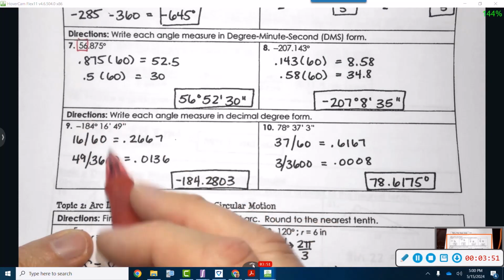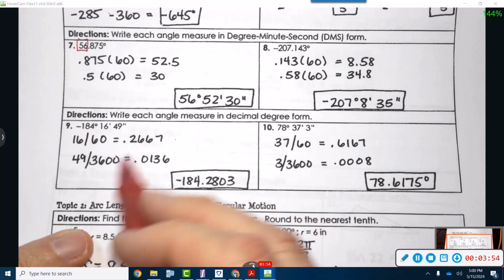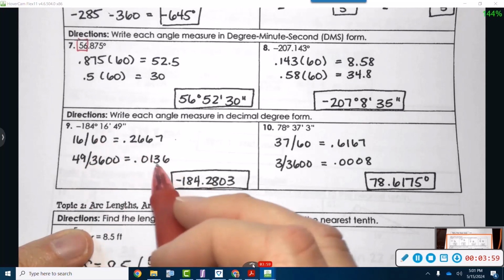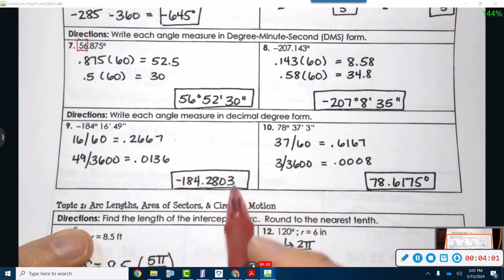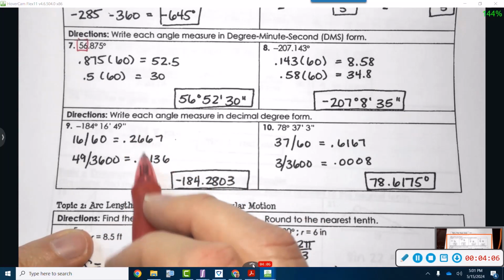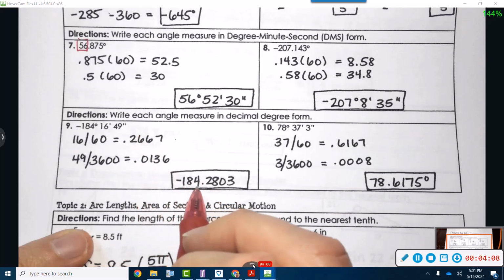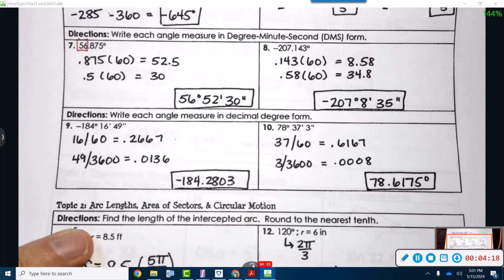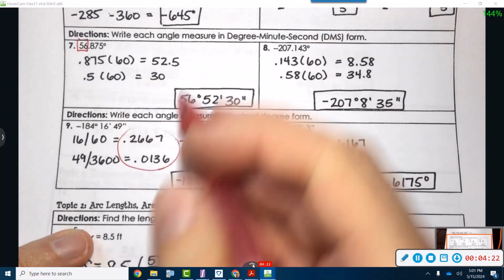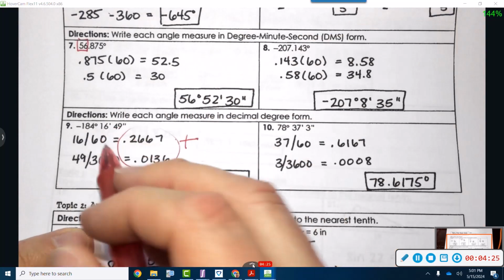So if you want to go into seconds, you're going to have this ratio here. That 49 over this is the extra that will be added to that, and then that gets added here. But notice that it doesn't care that this was negative. If you added this to a negative 184, you would get a negative 170, or a negative 18, like it would go in the wrong direction. So always keep these positive because you are going to keep going in the negative direction.